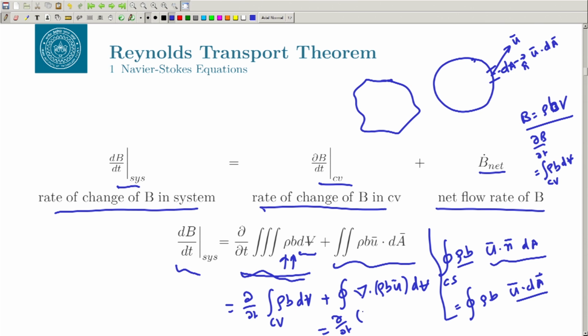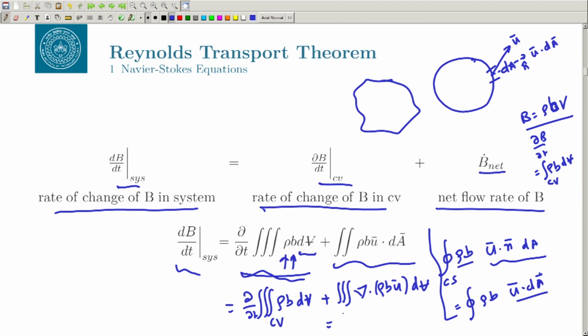Now, if you make an assumption that your control volume is stationary, then del by del t can go inside, and you can take this integral sign out. Sorry, this will not be the surface, but also the volume integral, when you convert it to the volume. So, this is surface and this is volume.